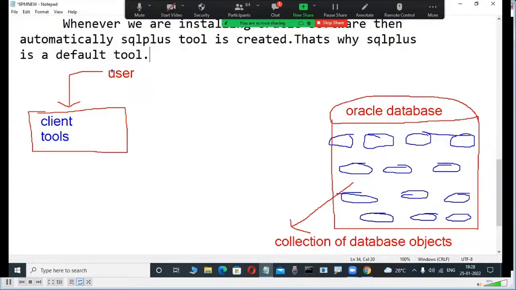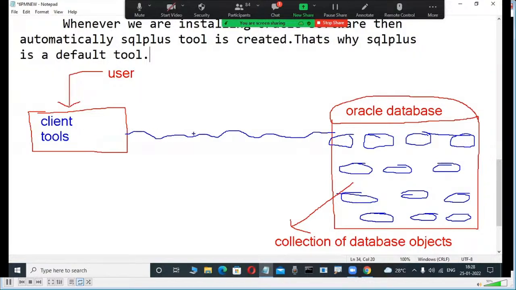First users connect to the client tool, and then through this client tool they connect to the server, with a username and password. Directly users are not interacting. First users open the client tool and enter a username and password.